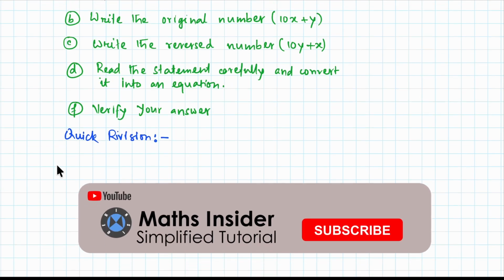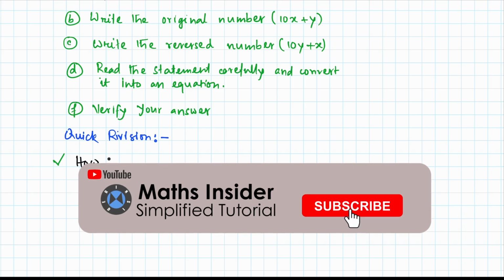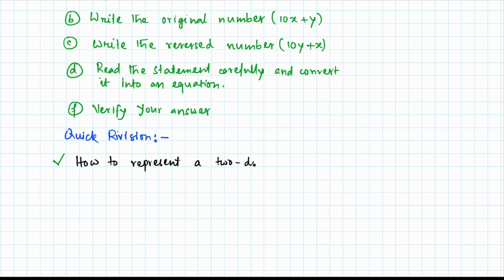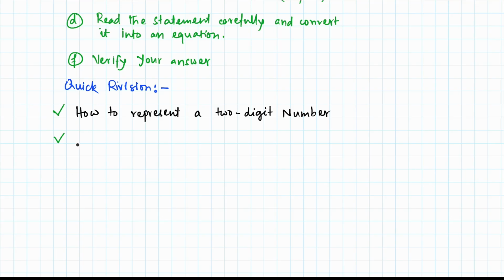Now, quick revision. So how to represent a 2-digit number? We have seen you have to consider x and y as variables and then represent it as 10x plus y and 10y plus x. How to reverse the digits, how to interchange the variables.